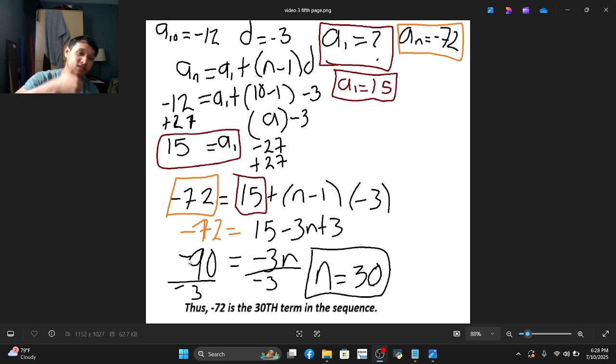So the negative goes up, up, up as a result. And we end up having negative 3n. So we just divide by the negative 3 to find the n term. The n term is positive, right? Because it has to be positive. It could be negative, but in this case, it's positive. So it's the 30th term of the sequence.